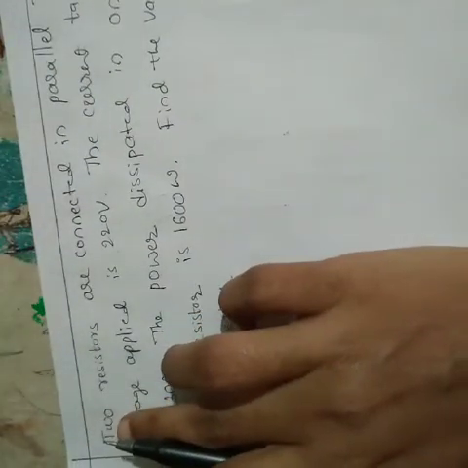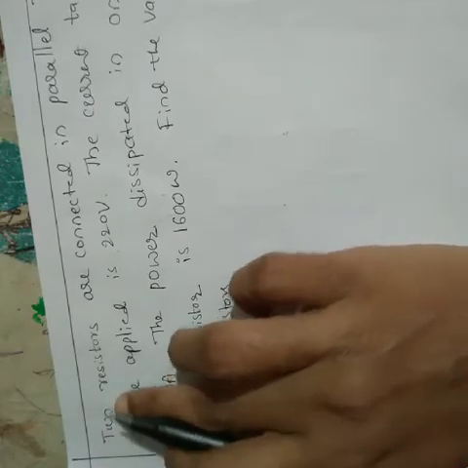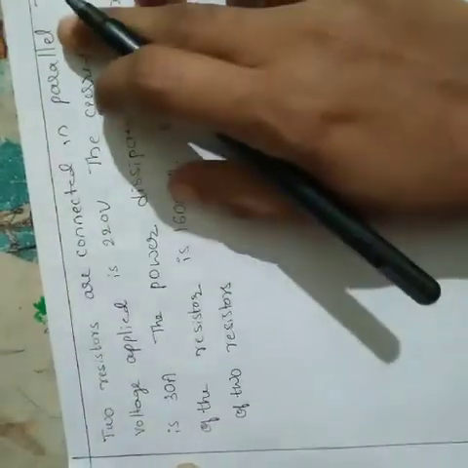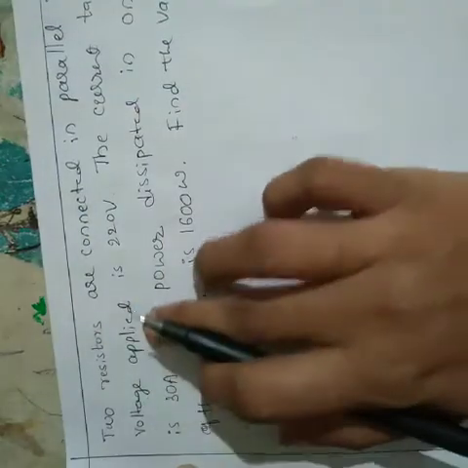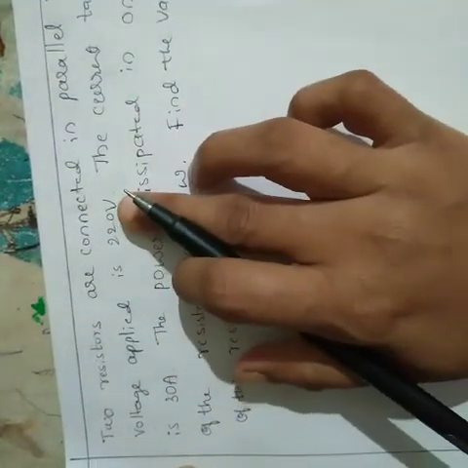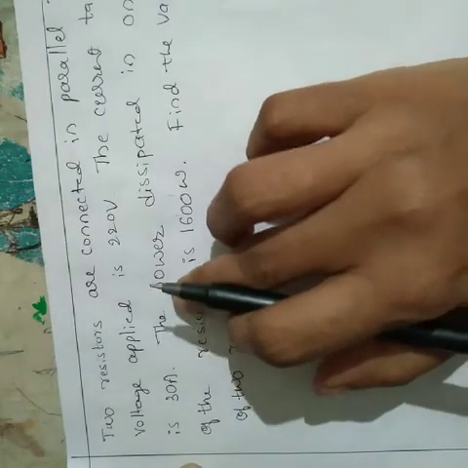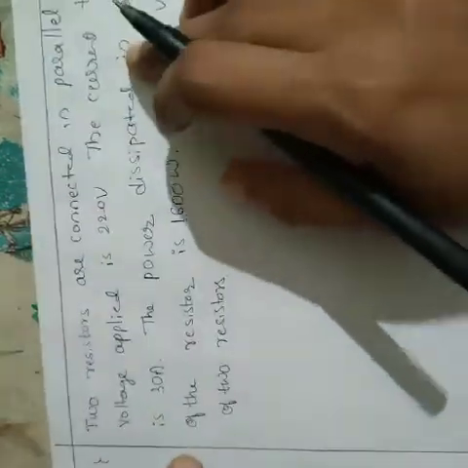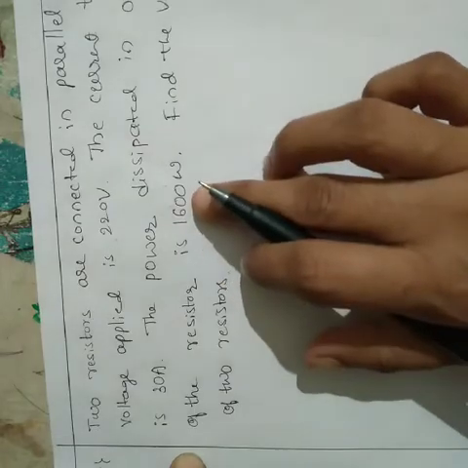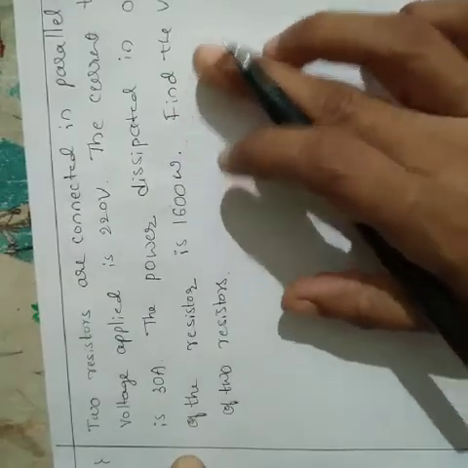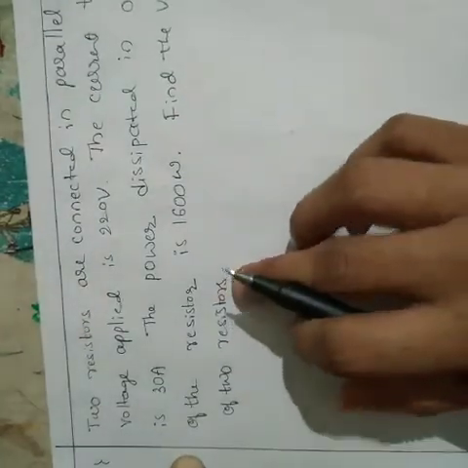Once again I will read the question: two resistors are connected in parallel. The voltage applied is 220 volts. The current taken is 30 ampere. The power dissipated in one of the resistors is 1600 watts. Find the value of the two resistors.